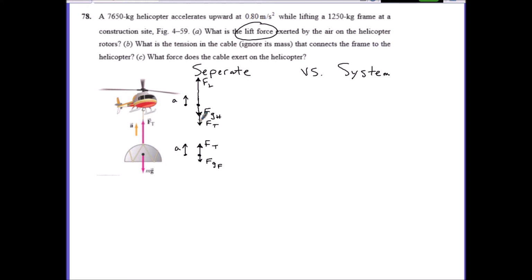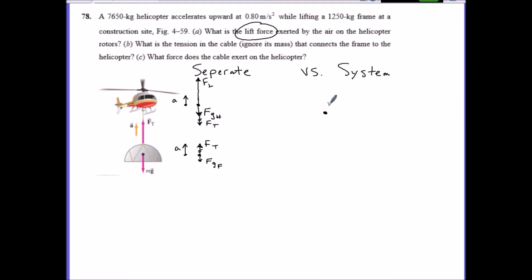Important to note that these two here are third law pairs. They are interconnected forces: however hard the helicopter pulls up on the frame, the frame must pull down just as hard. So those are interlocked forces. Now, if I consider that as a system, you'll see how that cancels out when we consider the two objects combined.